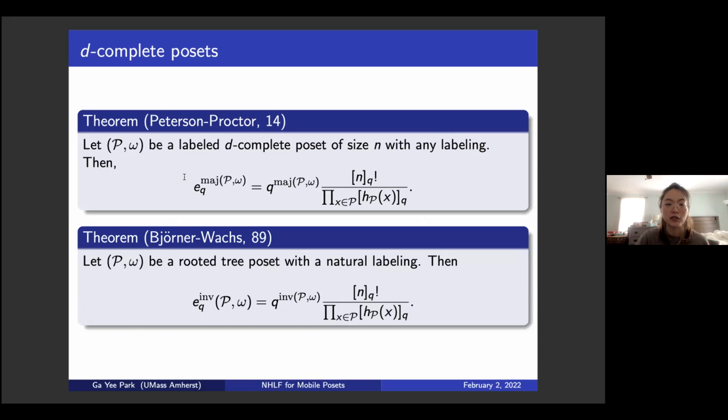The D-complete poset major index is given by this formula. And unfortunately for inversion index, for some reason it behaves in a very annoying way, and we don't have the formula for general D-complete posets, but we only have it for rooted trees with a very particular labeling. And that would be this formula.